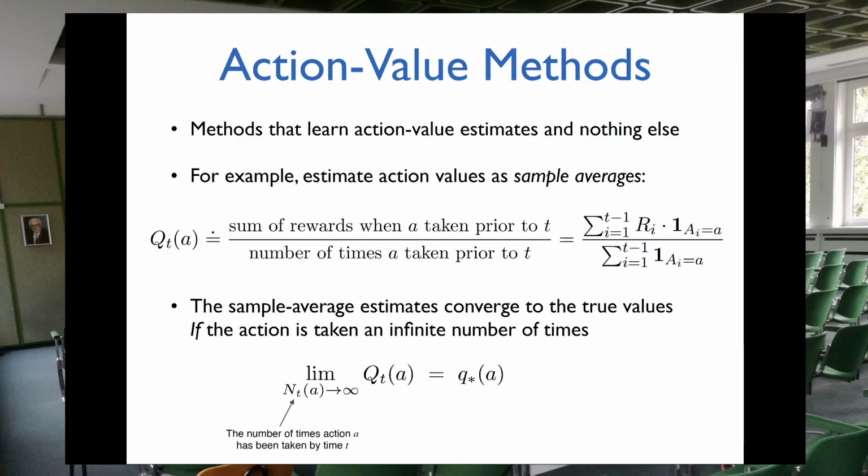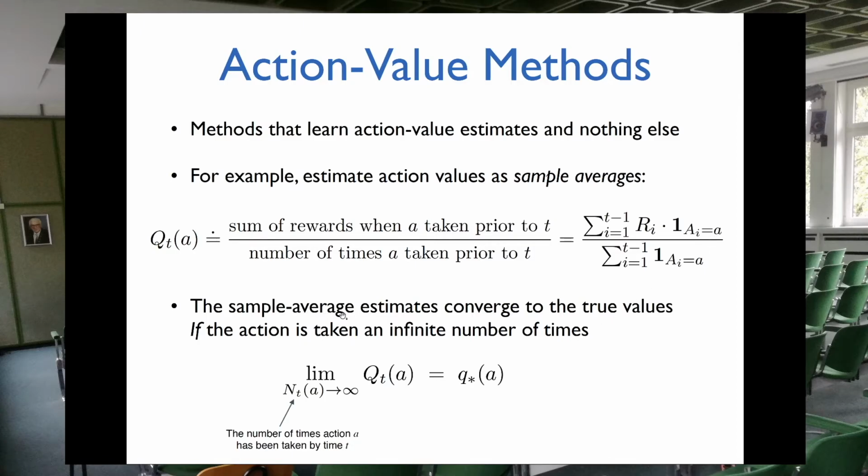Okay? It's just an average for each of the actions. In this formula, this 1 can be considered as a function that will output 1 if the action that you selected at time i was action A. So it's a fancy way to say compute an average of the rewards that you get for each of the actions.